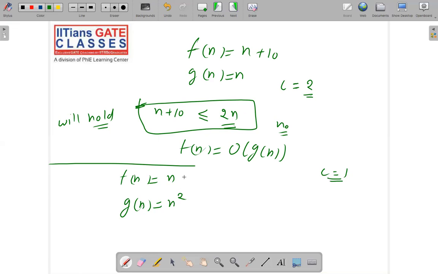For each value of n from 0, n0 can be 0. After 0, for each value of n, Fn will be strictly less than Gn, or Cgn, where C is 1. So this will also hold.